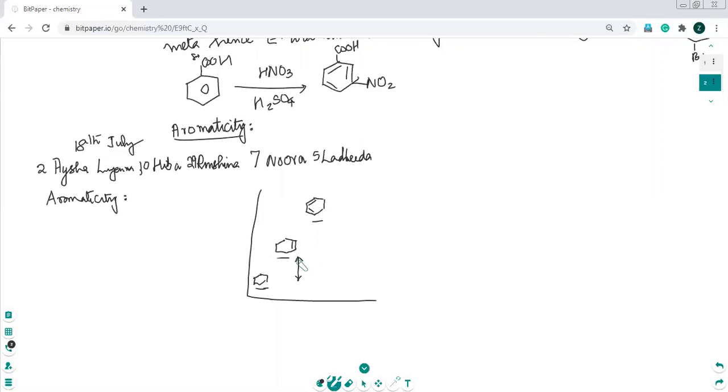So correspondingly, if you add one more double bond, approximately this much of energy is added. You expect the energy to come to this level. If you add one more double bond, you expect the molecule to have this much of energy.